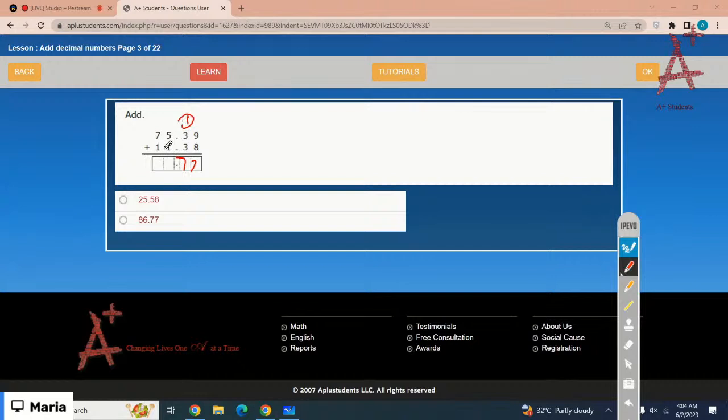Then you have 5 plus 1 is 6, and 7 plus 1 is 8. So it would be 86.77. That means option number 2 is the correct option. Got it? It would be 86.77.